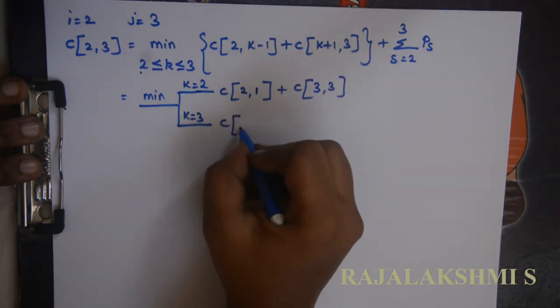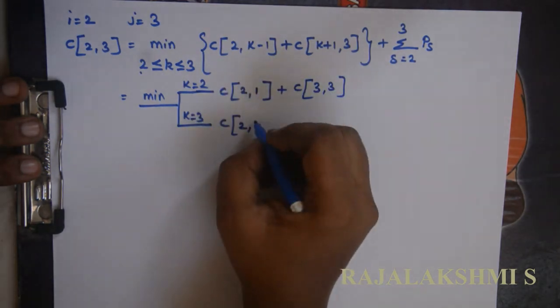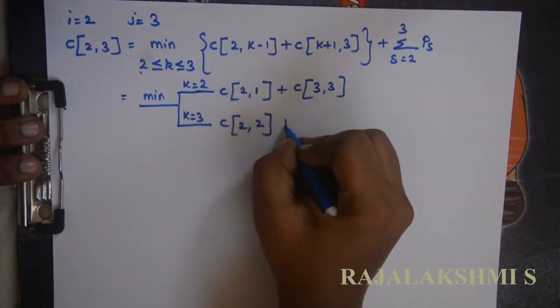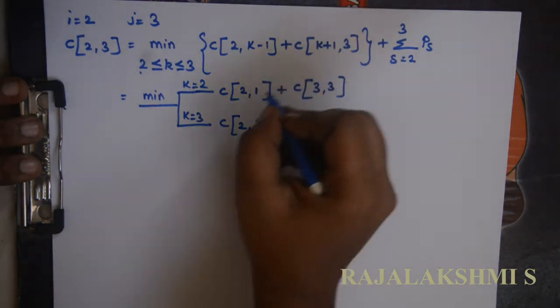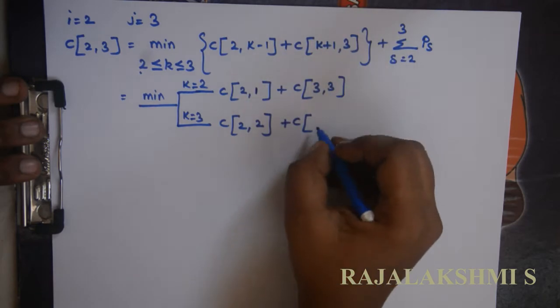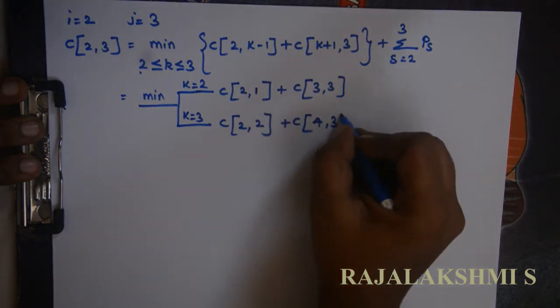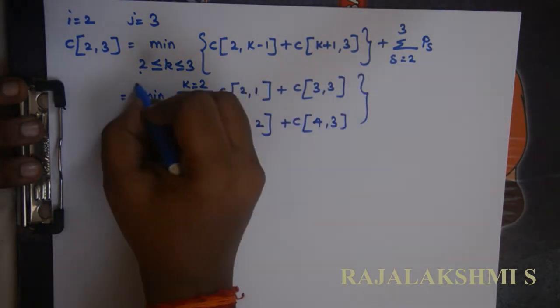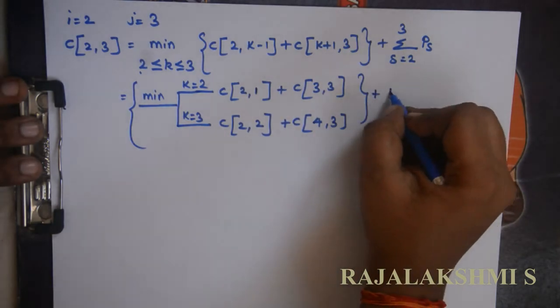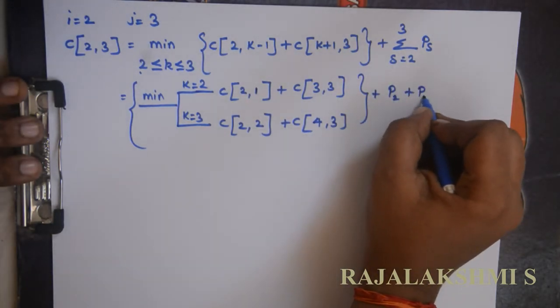And then C of 2 comma k minus 1: it is 3 minus 1, 2, plus C of k plus 1, so it is 3 plus 1 which is 4 comma 3. This will be expanded as P2 plus P3.